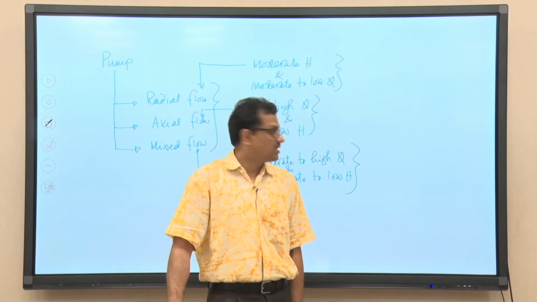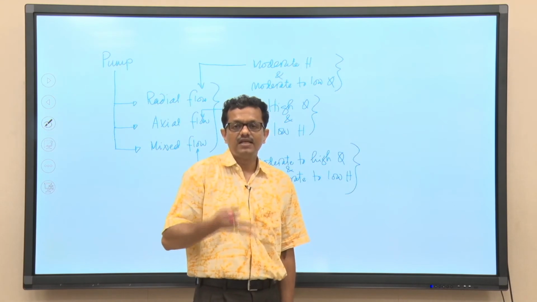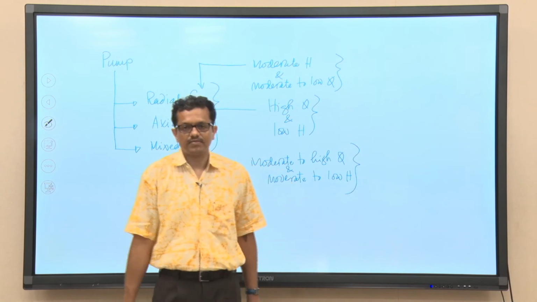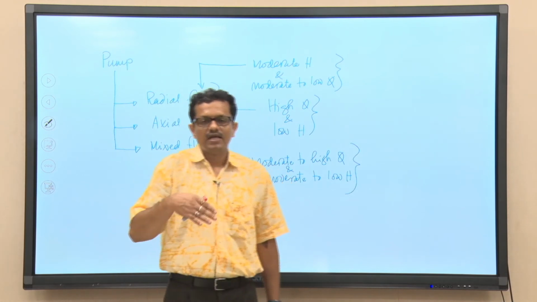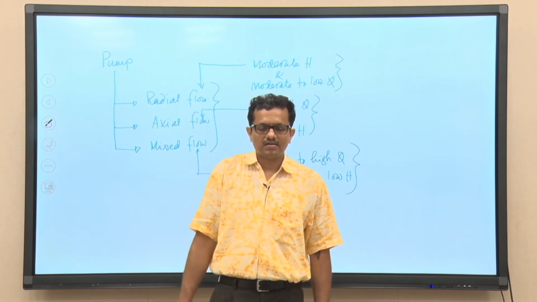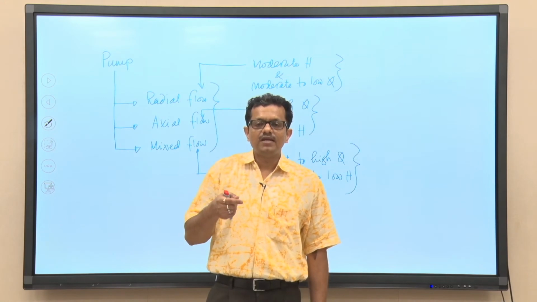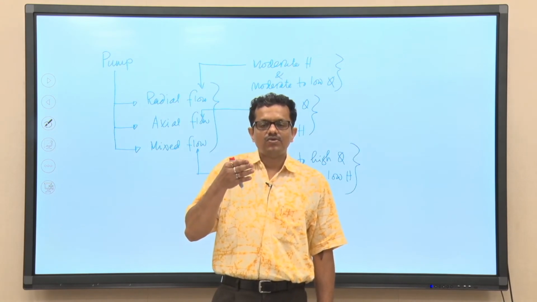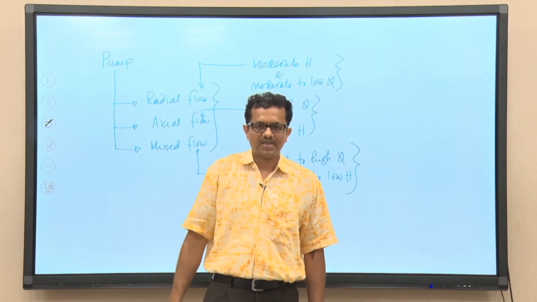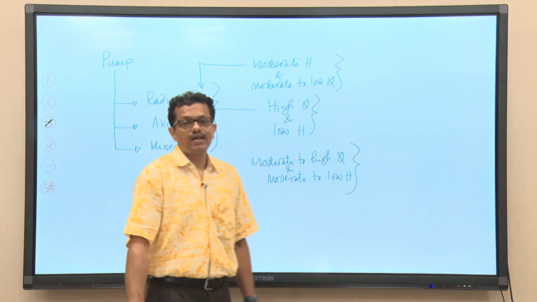Now, the question is, if the demand from the system increases, and that may happen with time, through expansion of the plant, expansion of a residential complex, or expansion of other units, the requirement may not be supplied by a single pump. In that case, what is done? We need to go for either parallel or series connection.